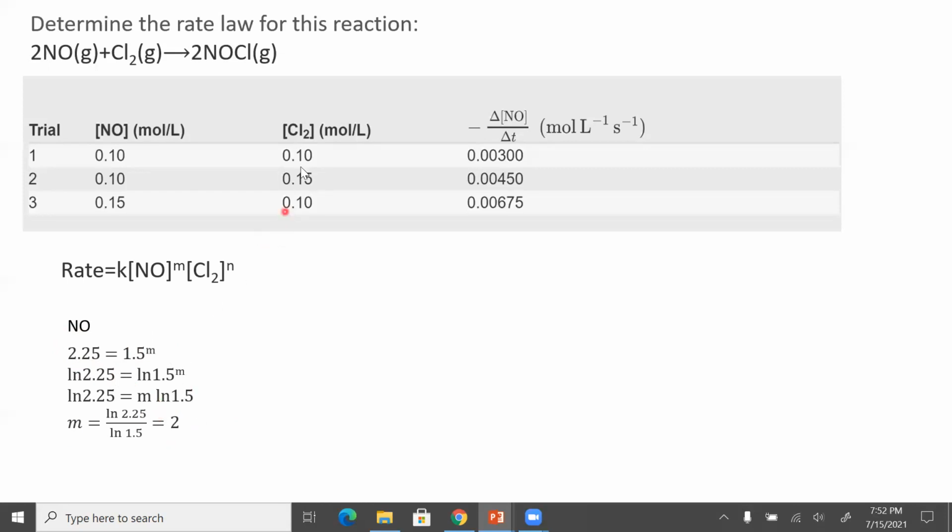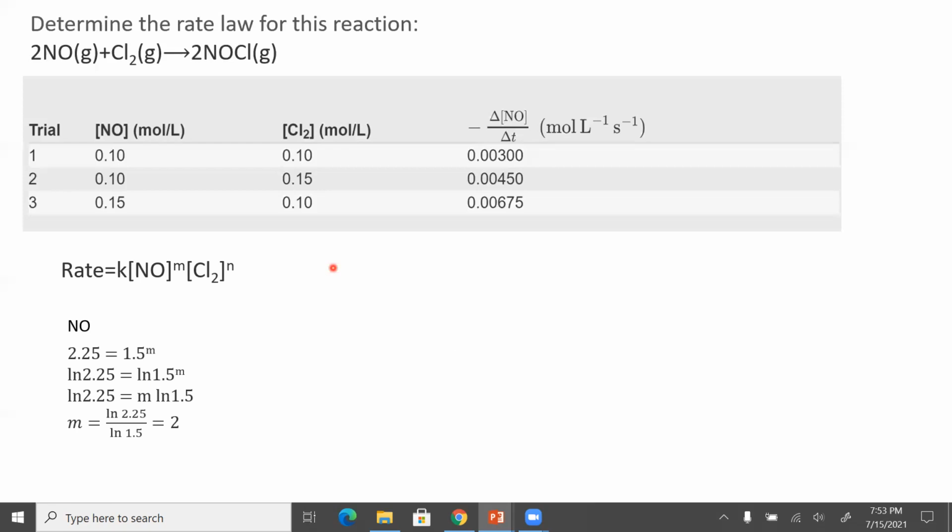Now we want to figure out chlorine. Which 2 trials would we want to compare to figure out what order chlorine is? We want the 2 trials where chlorine changes, but nitrogen monoxide stays constant.